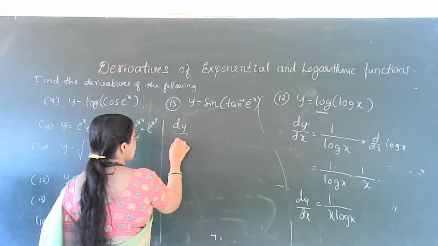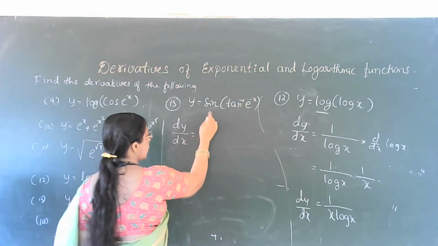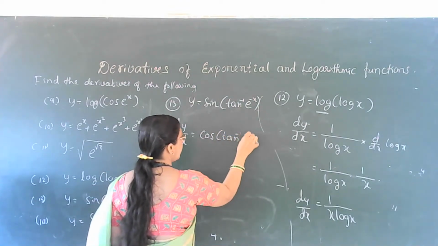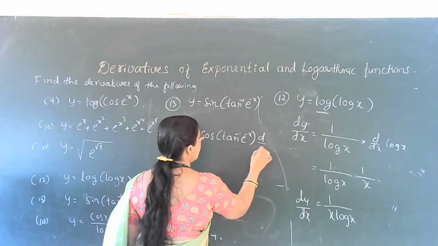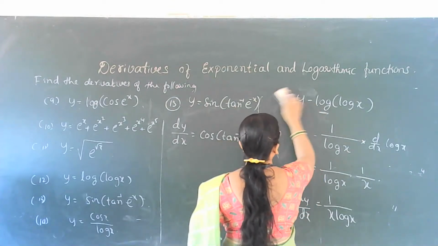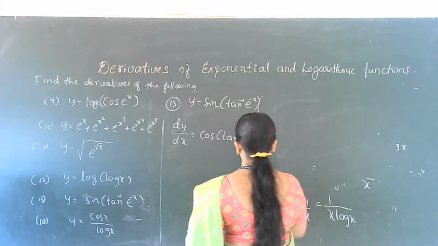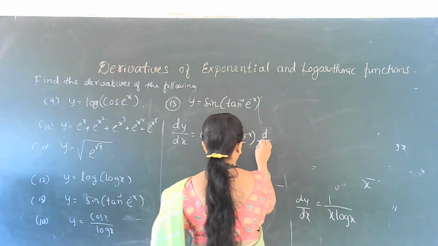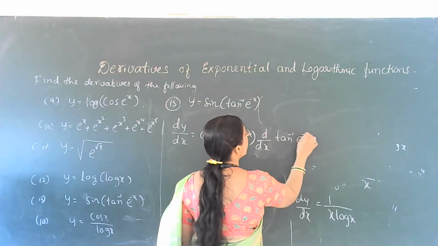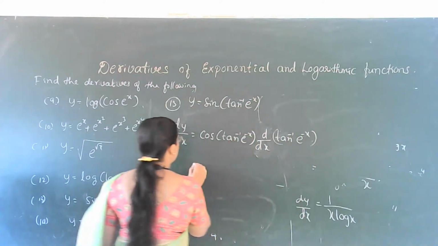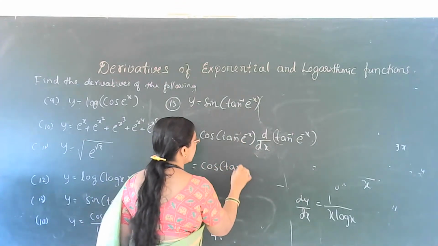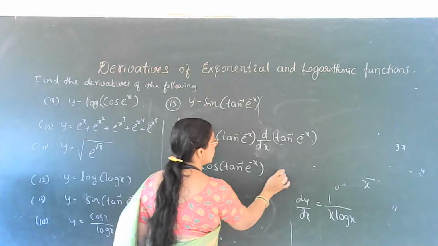First we find the derivative of the sin function: dy by dx is equal to cos of tan inverse e to the power minus x, and the derivative of tan inverse e to the power minus x.